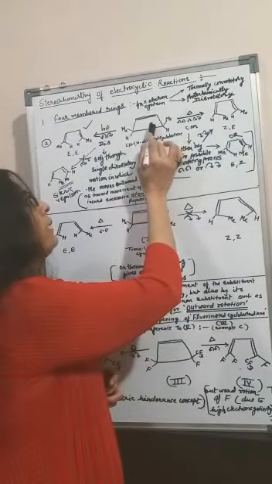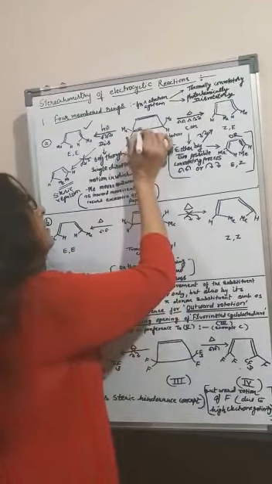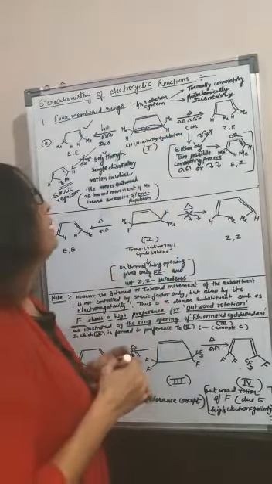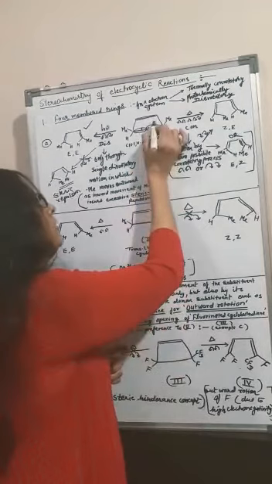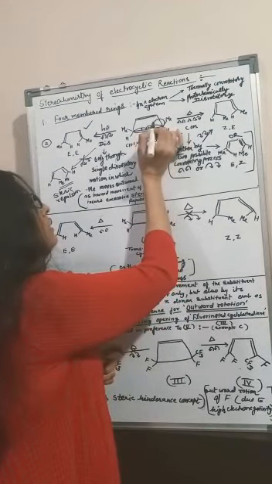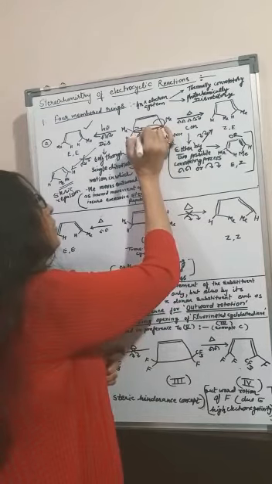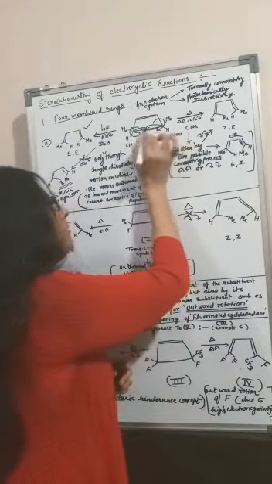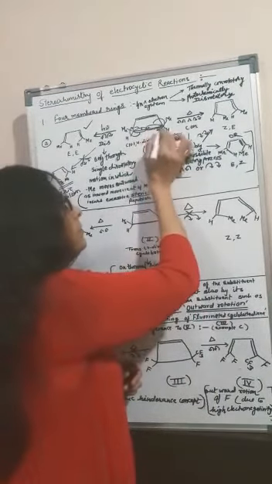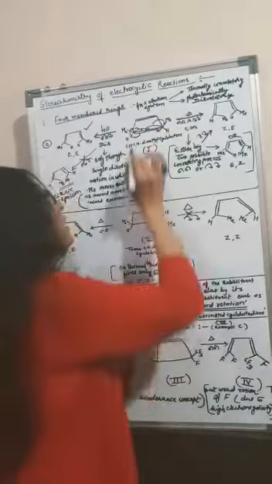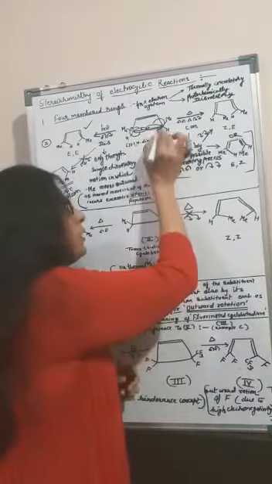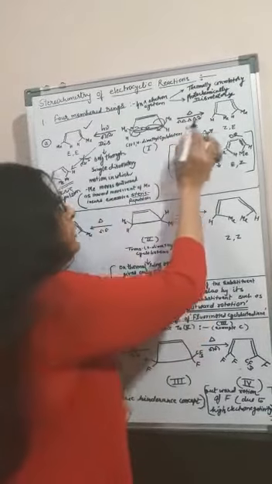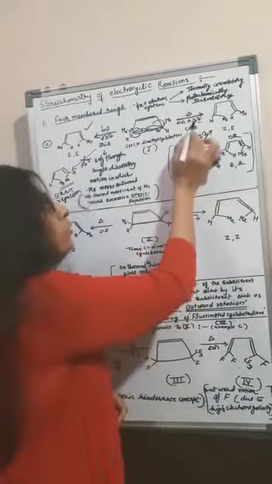If the orbitals overlap axially, then both move clockwise. The two carbon atoms involved in this sigma bond, in both carbon atoms this orbital moves clockwise, and the substituents present on both carbon atoms also move clockwise. These two arrows go to the same side.